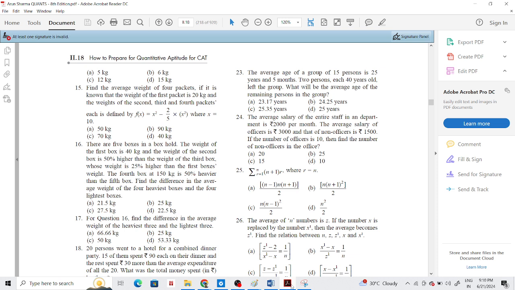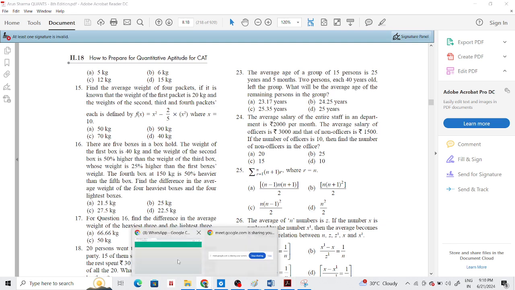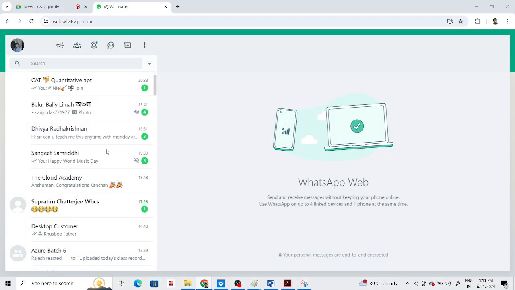Number 15, LOD 2. Find the average weight of 4 packets. Page number 2.1. Wait, I'm just waiting for WhatsApp to open. Okay. Let me test one.